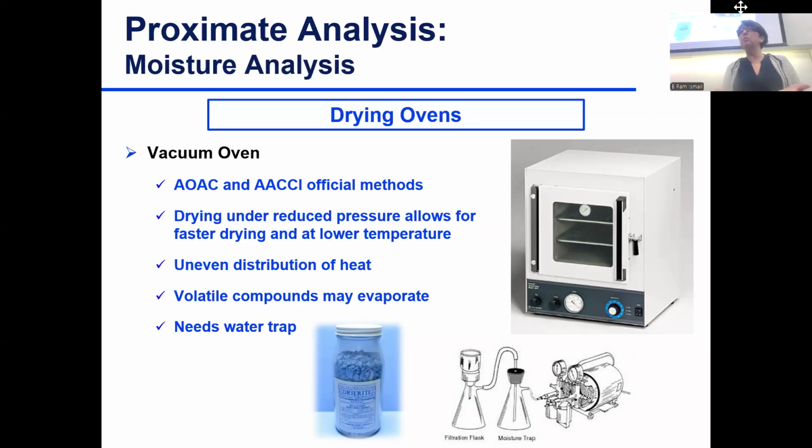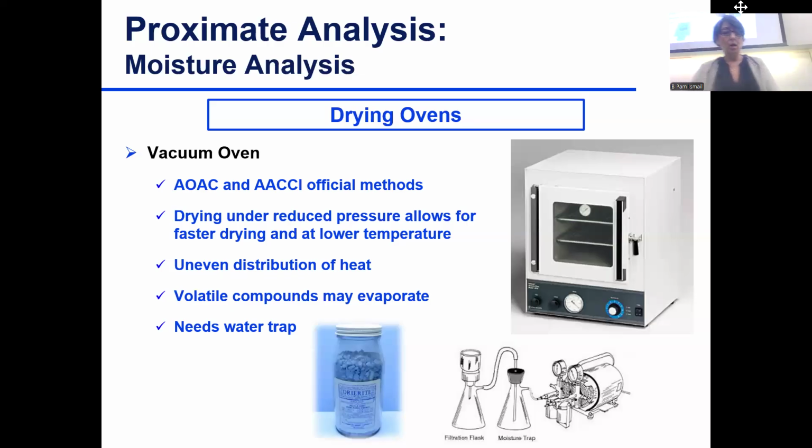Still, volatiles might evaporate, causing overestimation. And in the vacuum oven, you don't have uniform distribution of heat. Often the CV, the coefficient of variation for replication, is higher in the vacuum oven than in your forced draft oven. So this is something to keep an eye out on when you look at your data, comparing vacuum to forced draft.